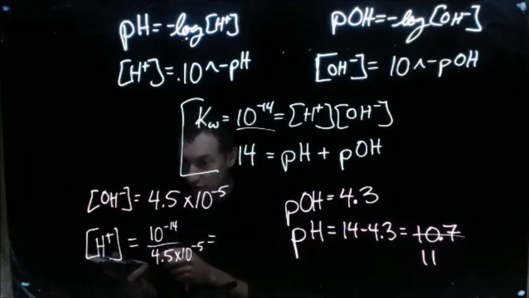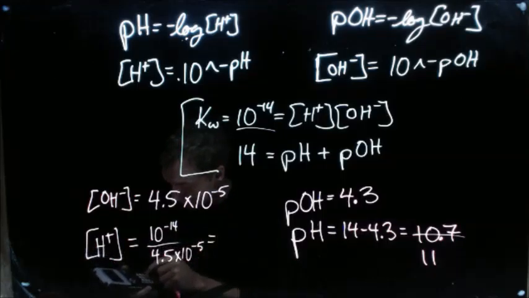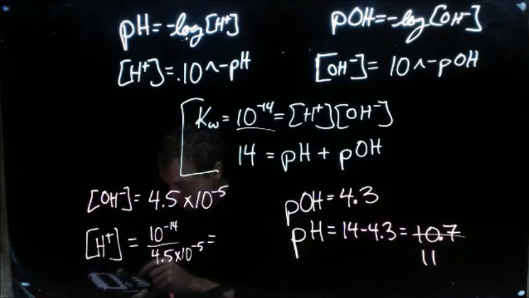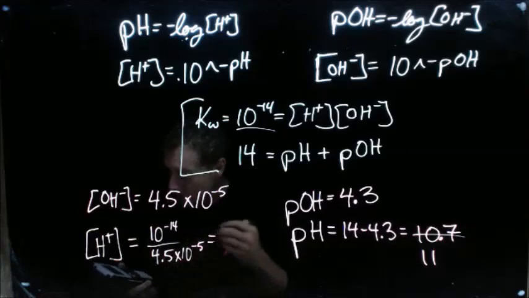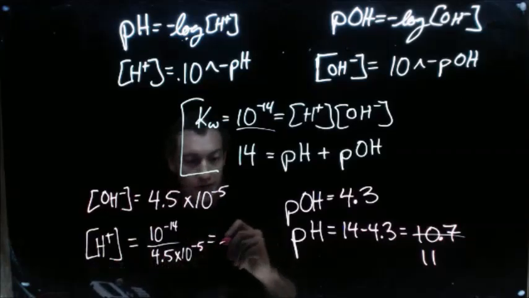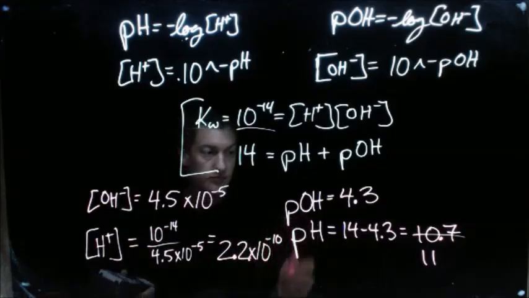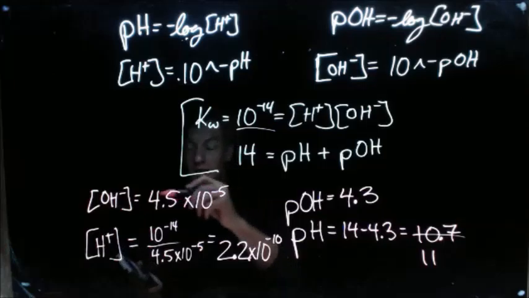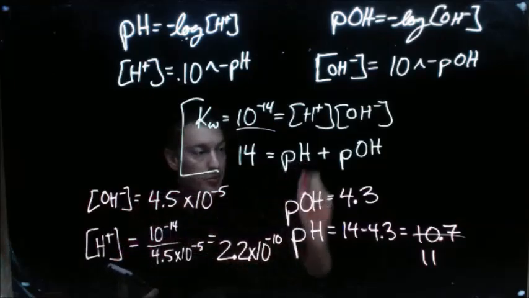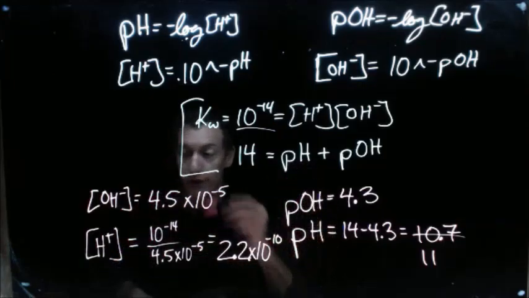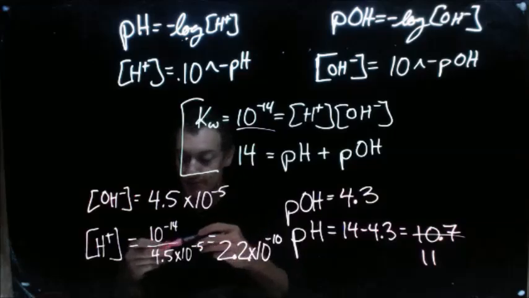And that should equal 2.2 times 10 to the negative 10. So there we have hydrogen ion, pOH, and pH, all from hydroxide ion concentration.